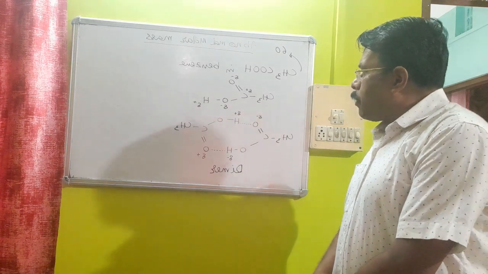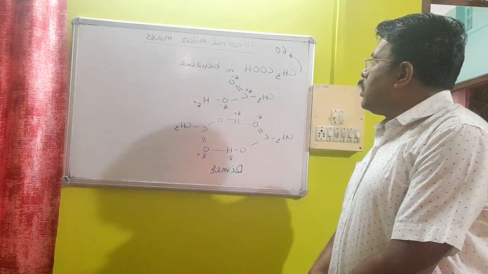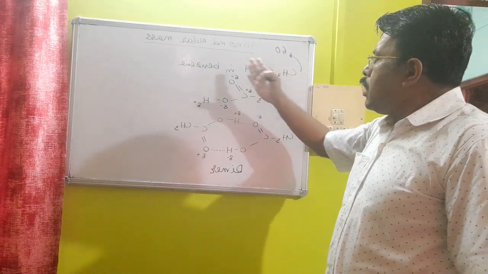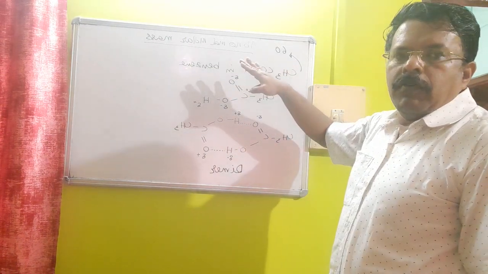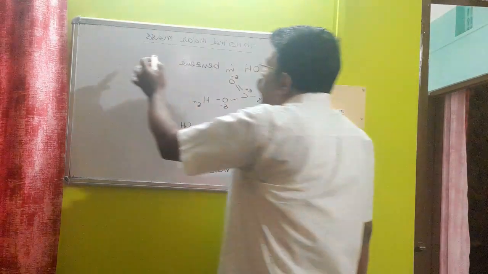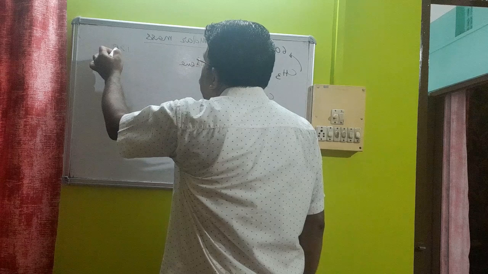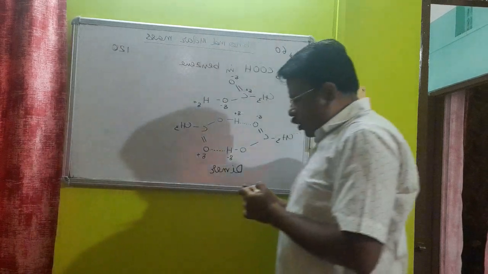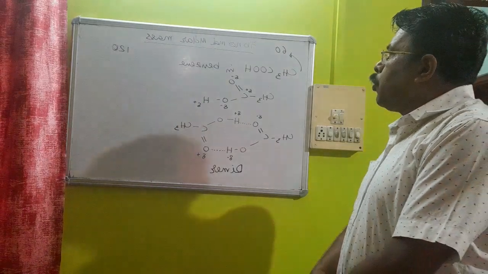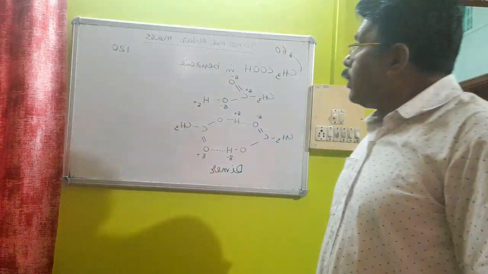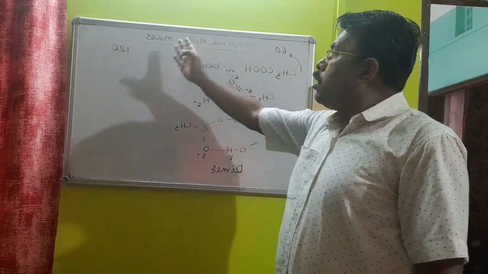But surprisingly, the molecular mass of acetic acid in benzene, when we determine it using colligative property, comes out to be 120. It should have been 60, but it comes out to be 120, and that's why we call it abnormal molar mass.